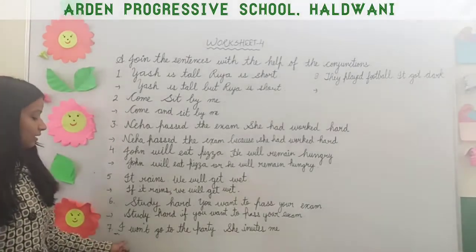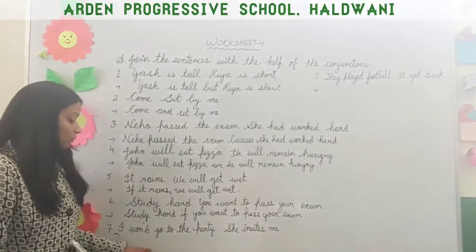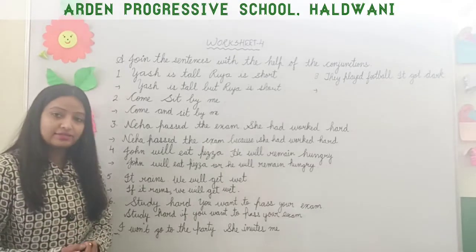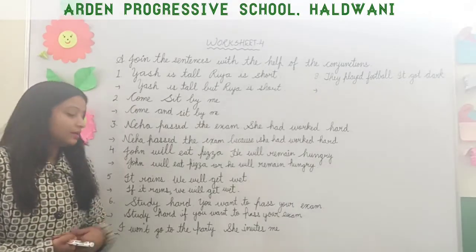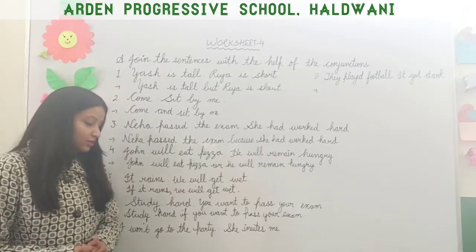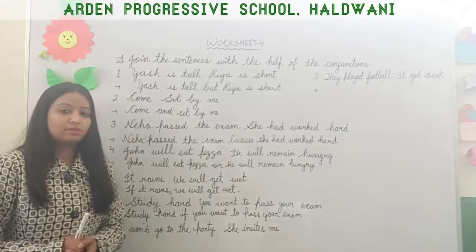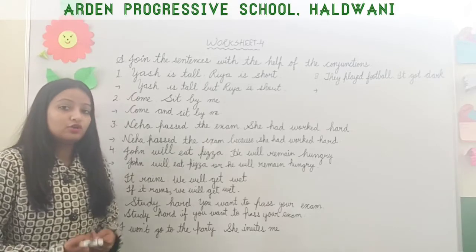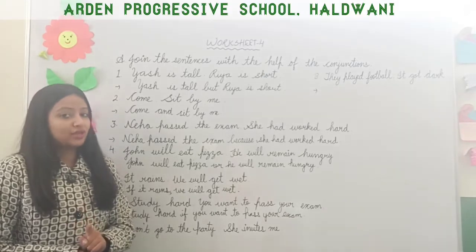Now the next is: I won't go to the party, she invites me. The person has decided not to go to the party, but there is an exception.